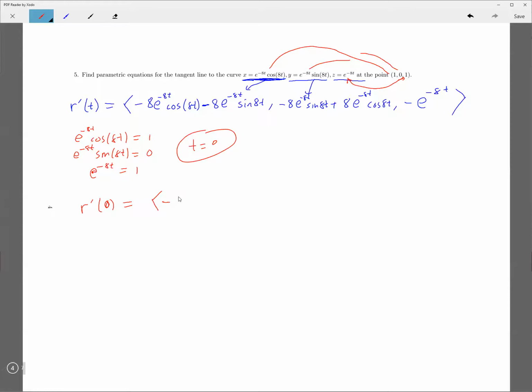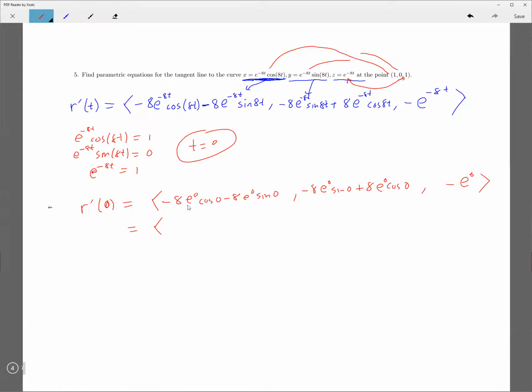Maybe I could just do that. So negative 8 e to the 0 cosine 0 minus 8 e to the 0 sine 0. And then here it's going to be negative 8 e to the 0 sine 0 plus 8 e to the 0 cosine 0. And then this last one is going to be negative e to the 0.